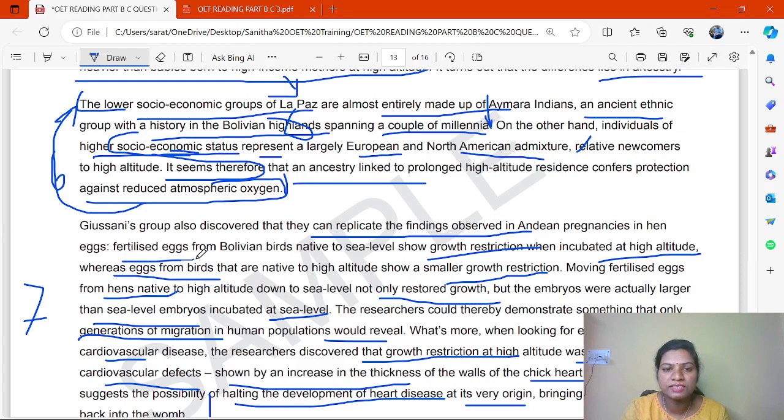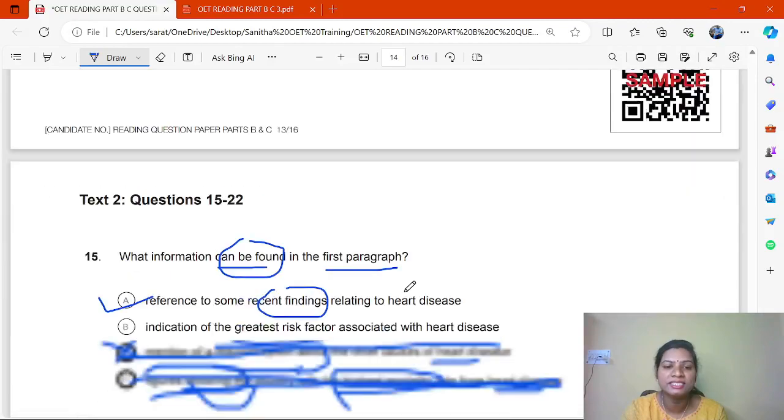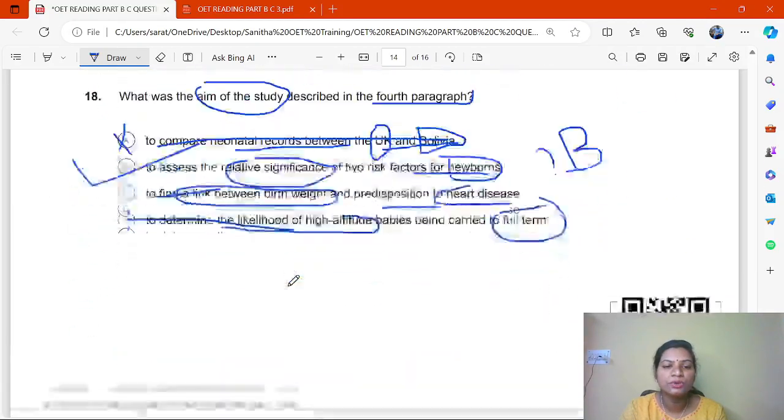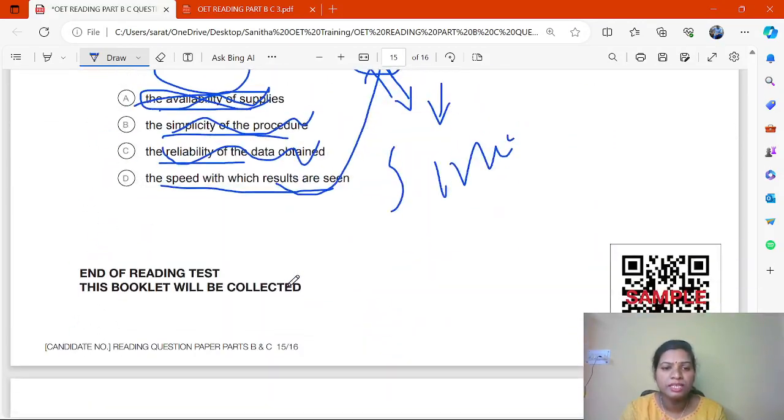First, the fertilized eggs from Bolivian birds. Second, incubated at high altitude. Third, moving fertilized eggs from hens native to high altitude. So in different ways they did the research. Okay. So it shows the speed with which results are gained, showing the speed of the procedure.